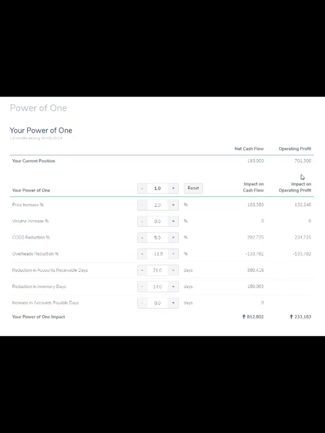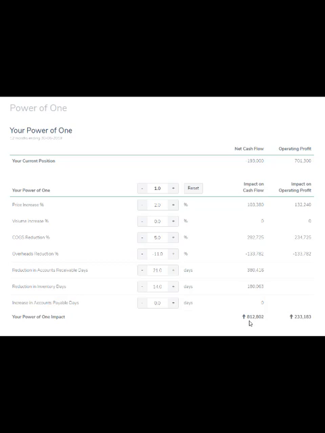Now, as you can see, what that has done, this plan that we've come up with, those few things that we're going to target, has increased the profit of the business. It's cost us to increase it, but what it has actually done has ensured that our cash flow is significantly better.